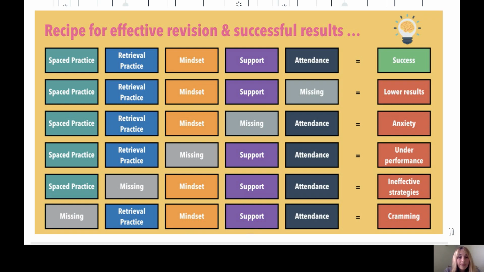Now, if you look up one for the lower results, if your attendance isn't there, and that means to lessons, the entire lesson, and to intervention, then you're looking at lower results. If you've got all 5 of those, the spaced practice, the retrieval, the mindset, the support, which you will always have, and the attendance, you're looking at the top chance for success.